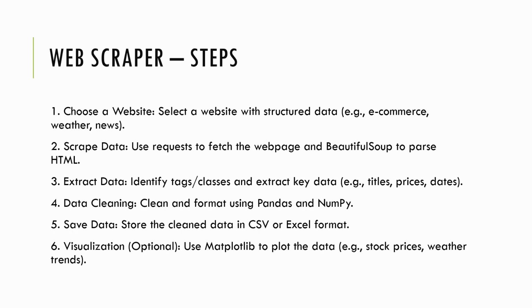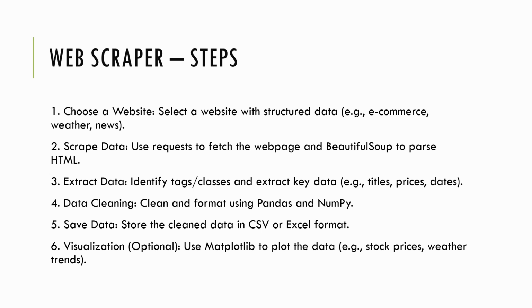Here are the steps for creating your web scraper. First, choose a website with structured data such as an e-commerce site or a weather forecast. Scrape the data using the requests library to fetch the web page and Beautiful Soup to parse the HTML content.